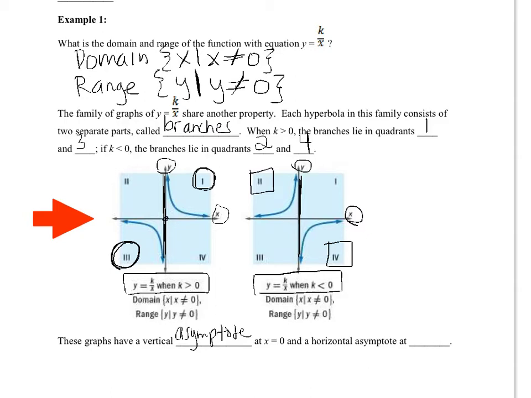A graph will get closer and closer to something but never touch it. That's called an asymptote. And then there's a horizontal asymptote at y equals 0, which is the x-axis. Y is not a number higher or lower, it's just 0. The graphs don't quite touch it, so there's an asymptote there as well.